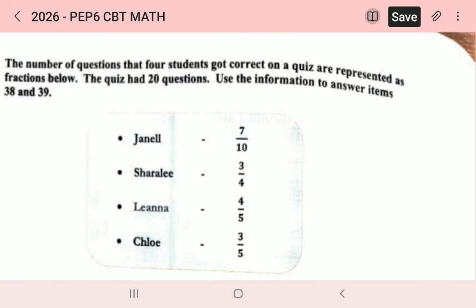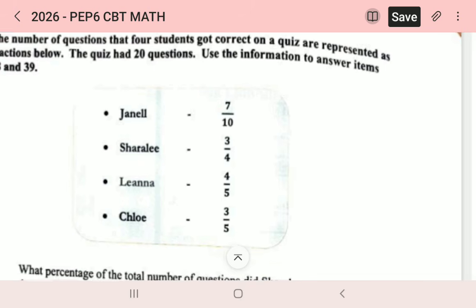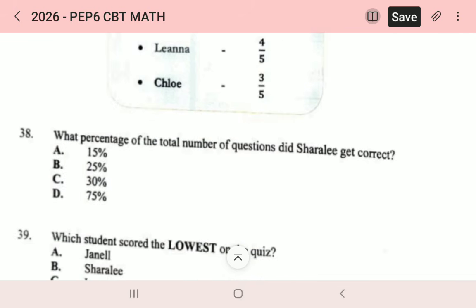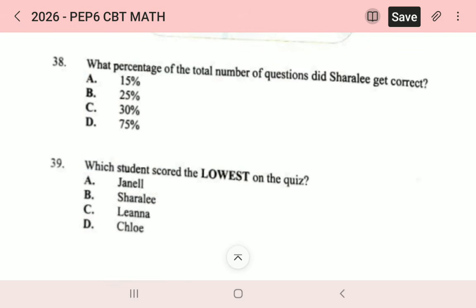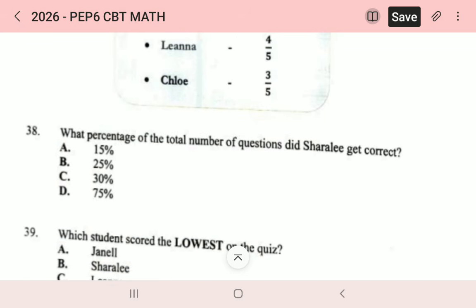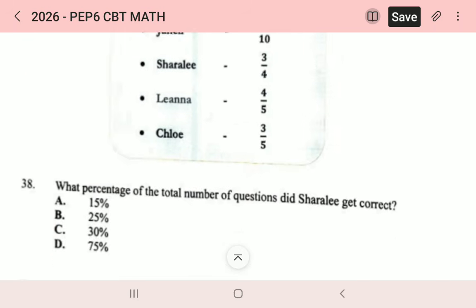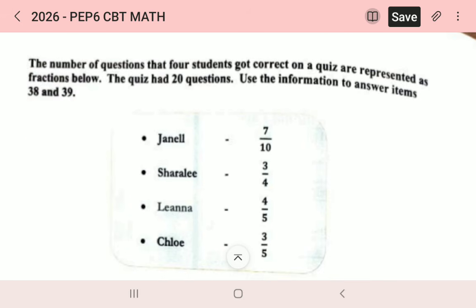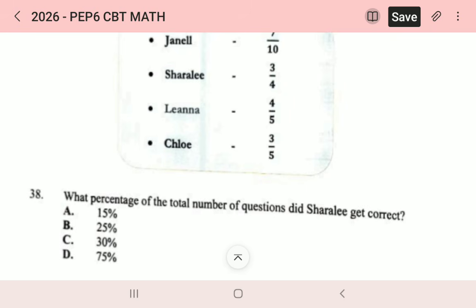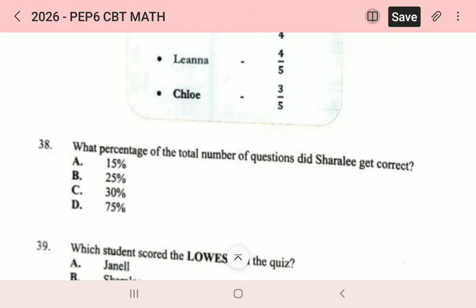So the quiz had 20 items, and Shara Lee got 3/4 of the 20 items. Let's see where it says what percentage of the total questions did Shara Lee get correct. 38. We're looking for Shara Lee, which is 3/4. The quiz had 20 and she got 3 out of 4, or 3/4 of the items.